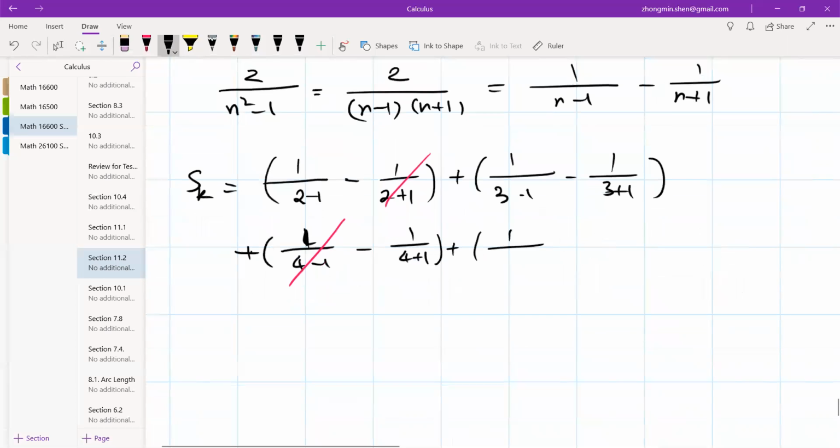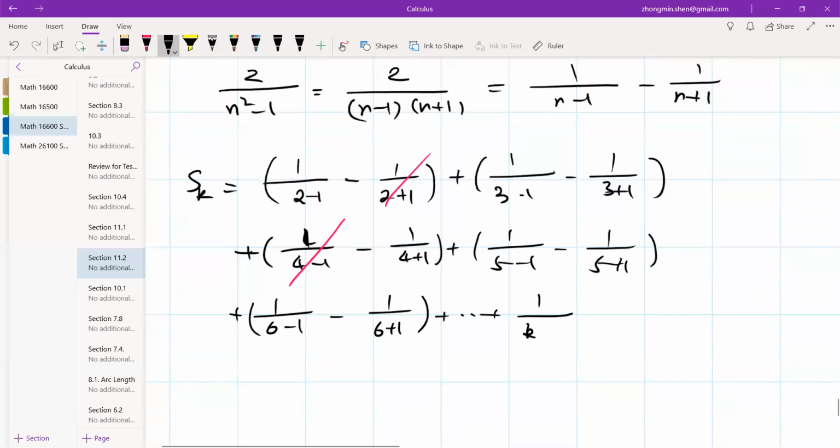So the next are 1/(5 minus 1) minus 1/(5 plus 1), and plus 1/(6 minus 1) minus 1/(6 plus 1). That should be enough. Then I have to take k minus 2, and k minus 1 plus 1 is k. The next term will be 1/(k minus 1) minus 1/(k plus 1).